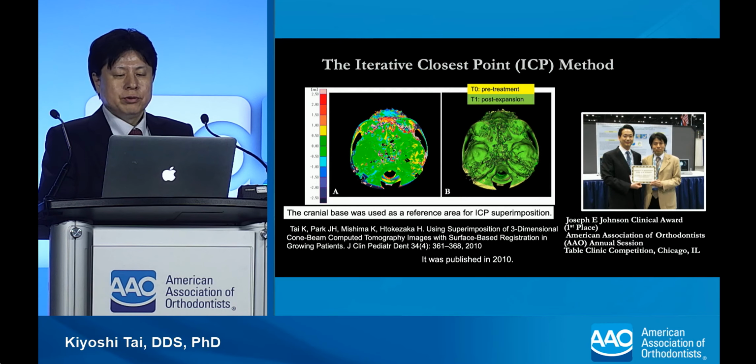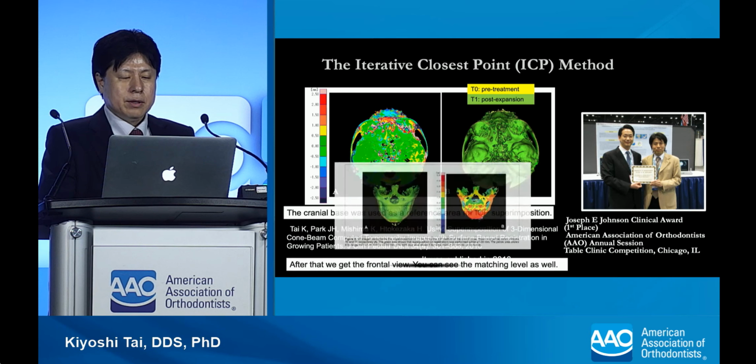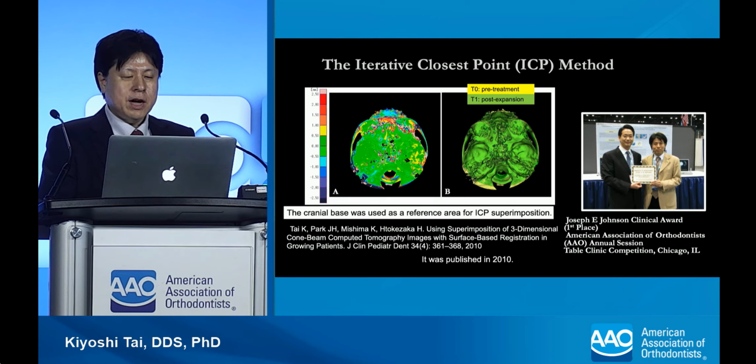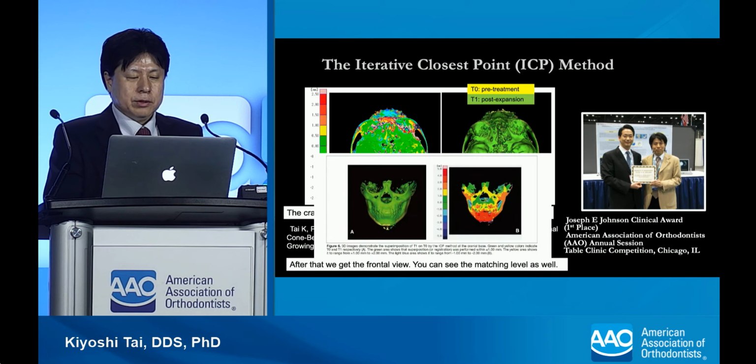I will show how we apply the ICP technique clinically. Please allow me to quote our article. It was published in 2010. The clinical base was used as a reference area for the ICP superimposition. After that, we get the frontal view.